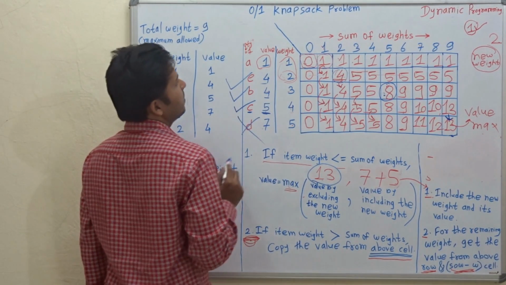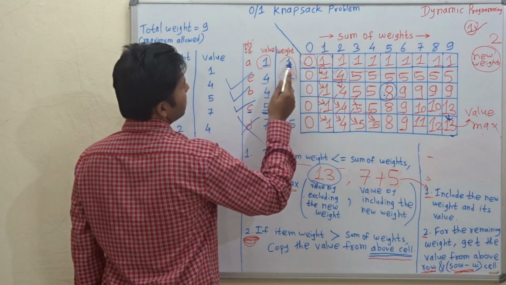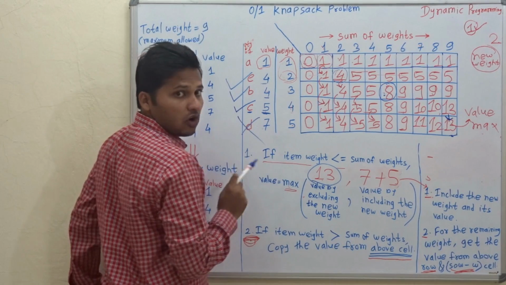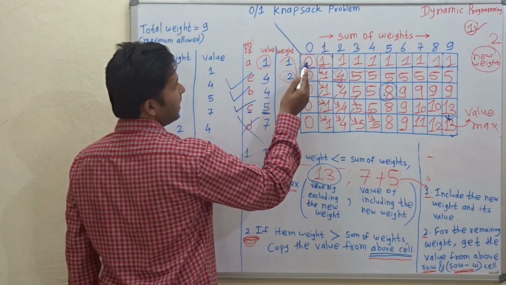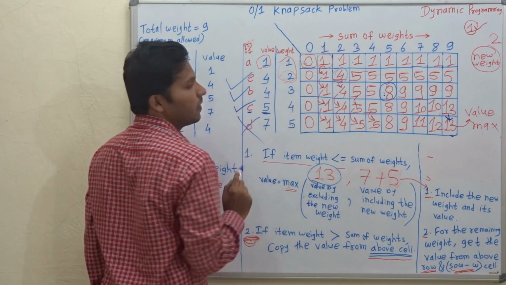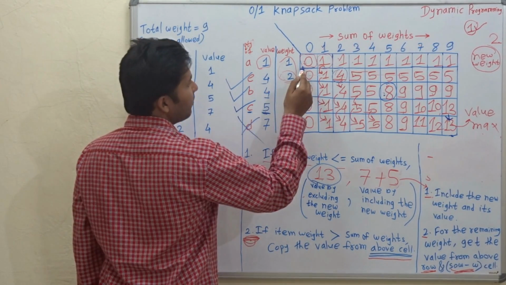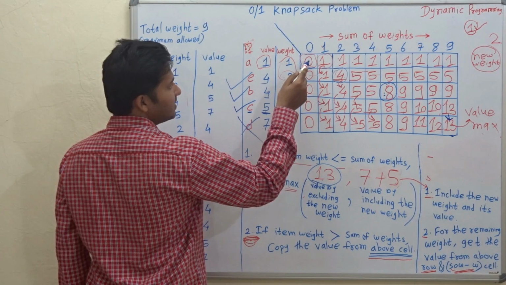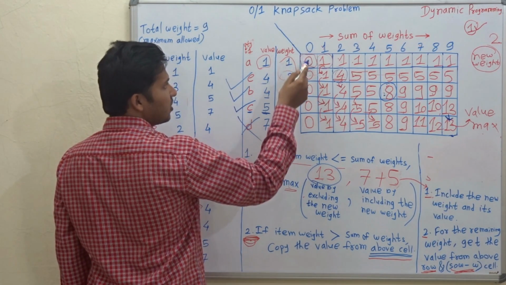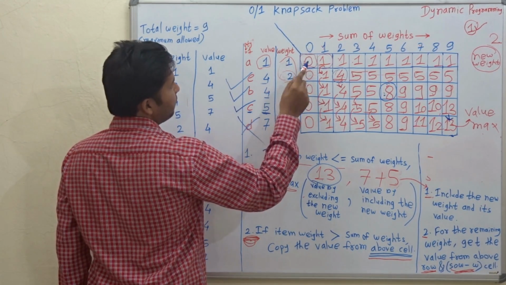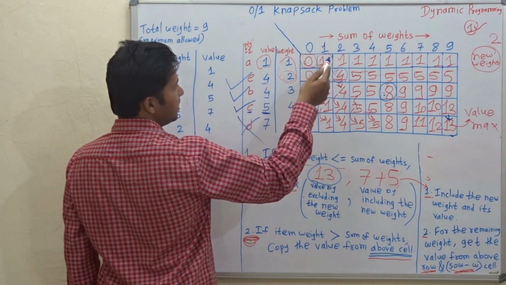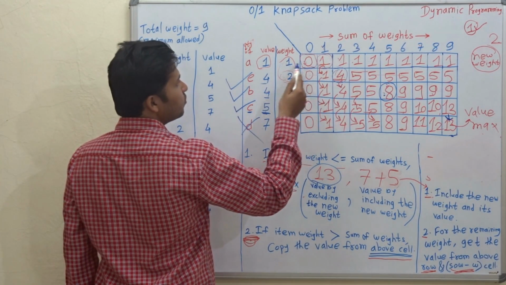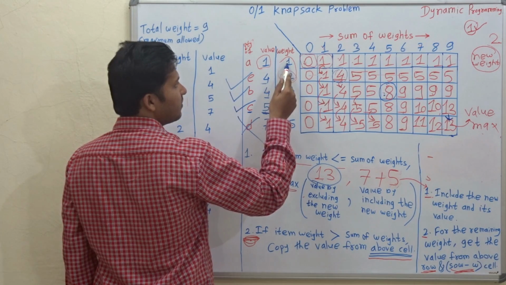Okay. And for checking whether we have included 1 or not, see here, we went from 0 to here, which means we have not included weight 1. Because the weight is 0, this is the 0th column. If we had gone into the first column, then we would have considered that we have included weight 1.